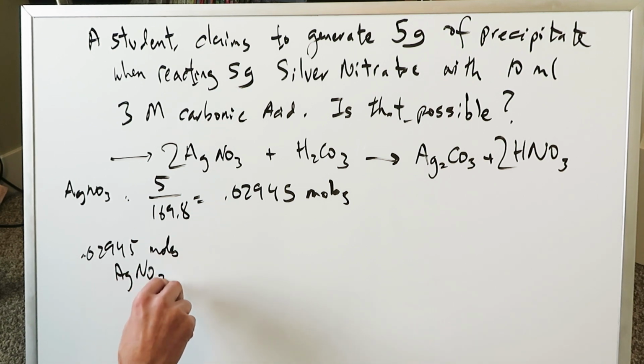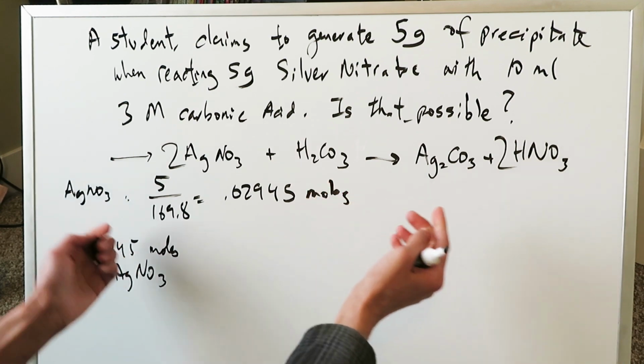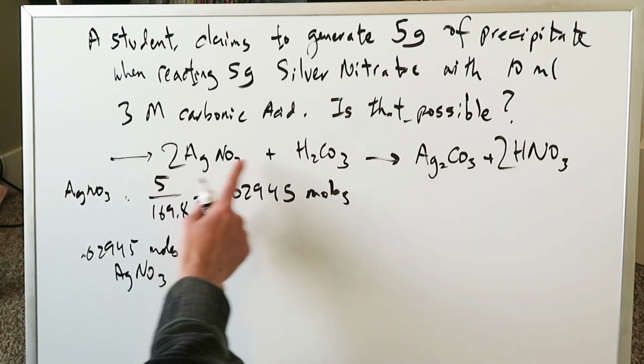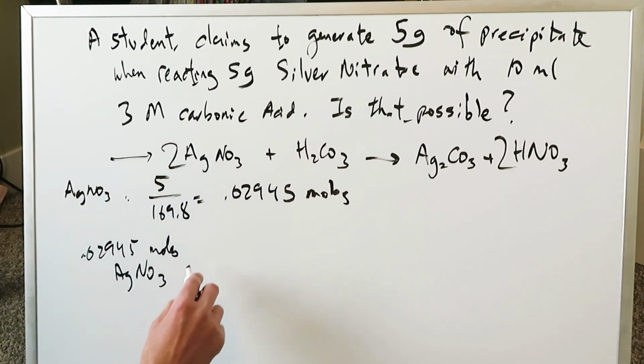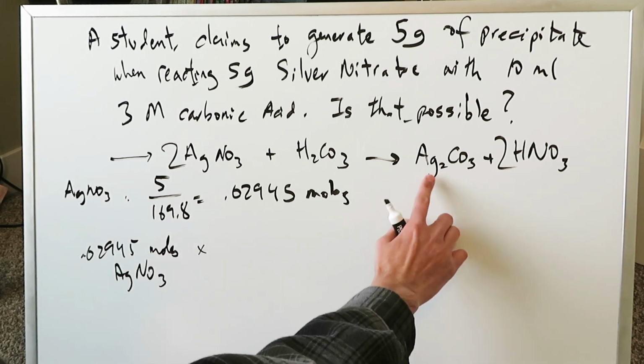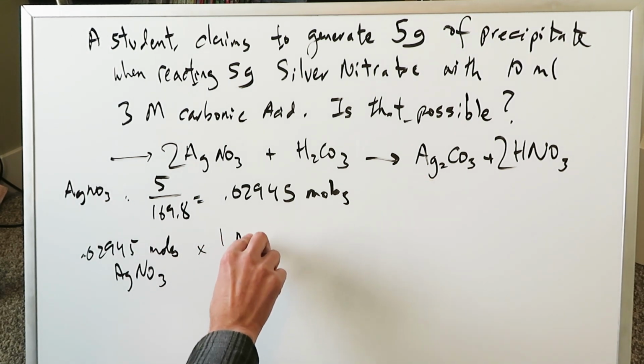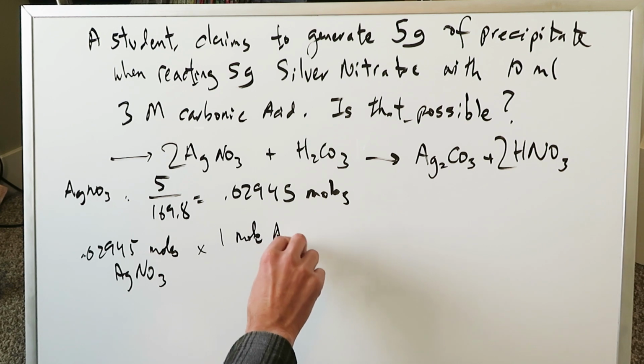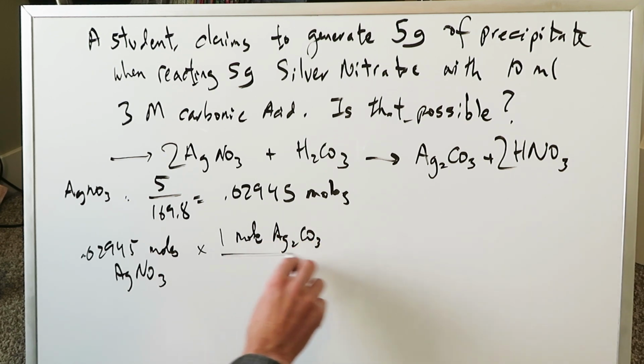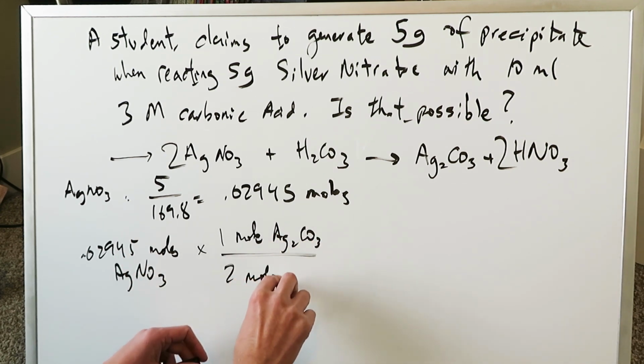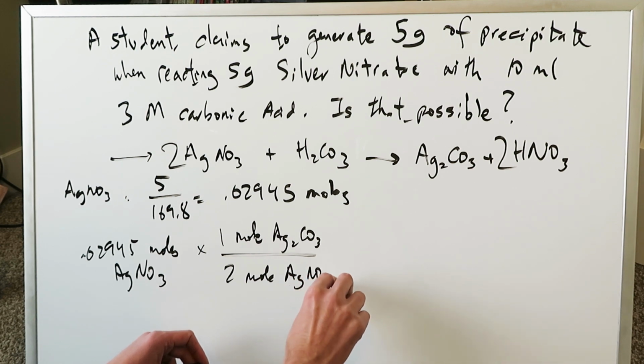And remember, what we have here is a double displacement reaction. 2 species are displacing a portion of the other, times you have 1 mole of this precipitate, Ag2CO3 silver carbonate, per 2 moles of AgNO3.